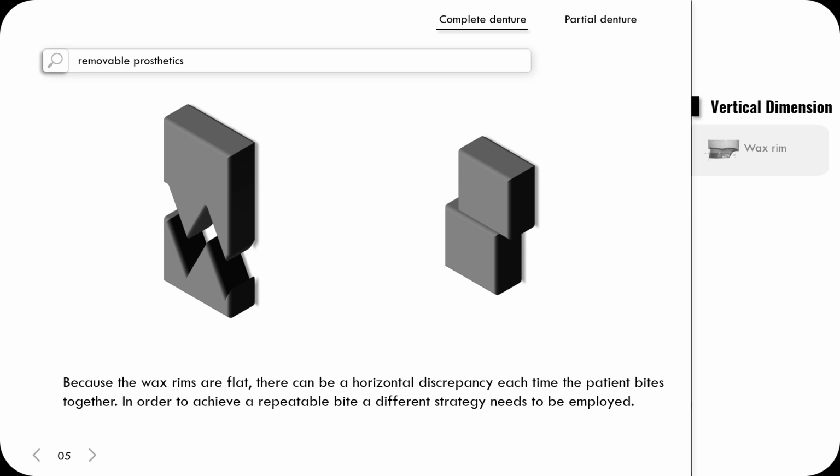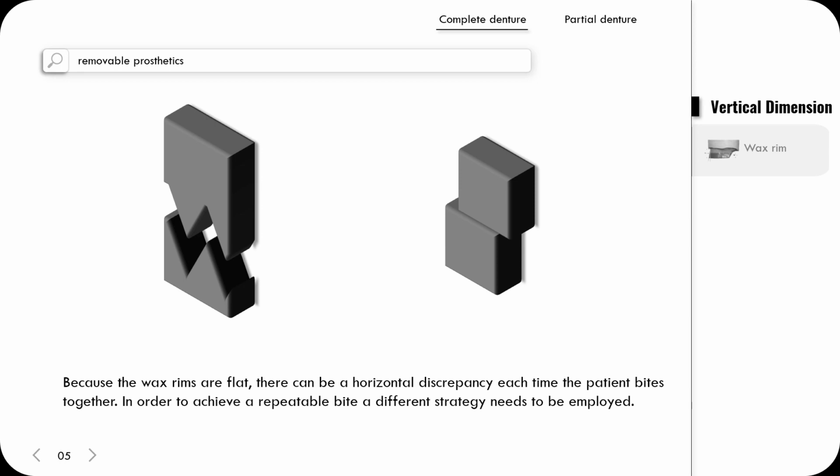If you just instruct the patient to close together and repeat that a few times, you would find that the patient would touch the rims at different orientations, and their bite isn't consistent because they lack the tooth-to-tooth contacts and that neuromusculature feedback that helps them know where to position their jaws relative to each other. They kind of get lost because there are no longer any teeth with nerves and PDL to give that sensory feedback.